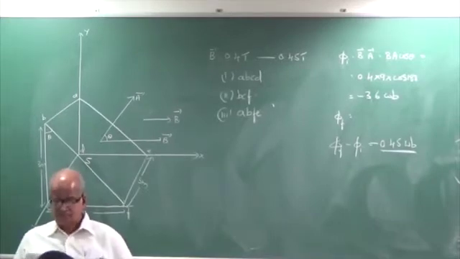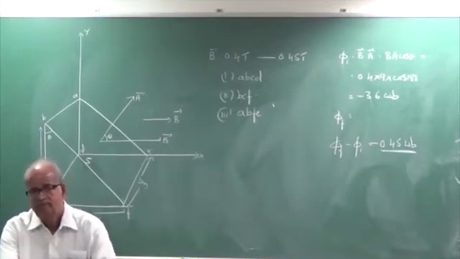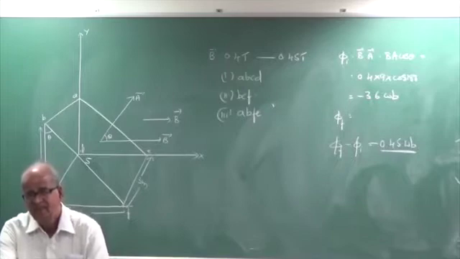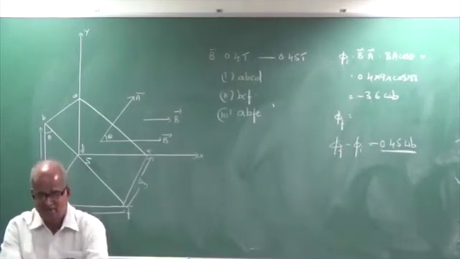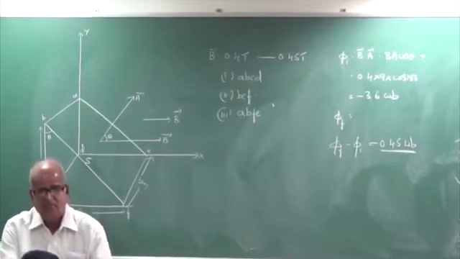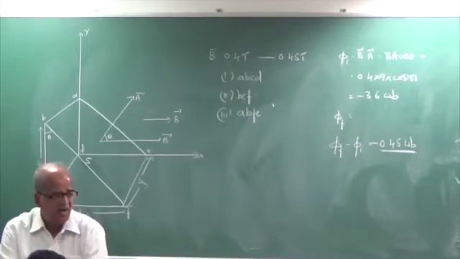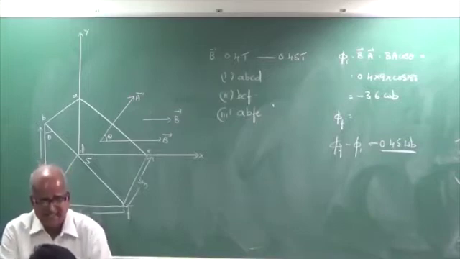Check, 1.2. 2.51 into 10 to the power of minus 9 Weber, correct. This is directed into the paper, of course. So, flux through the coil is 2.51 into 10 to the power of minus 9 Weber.